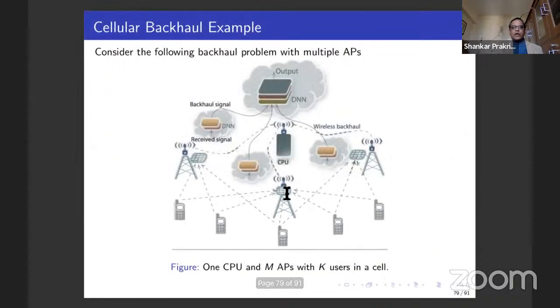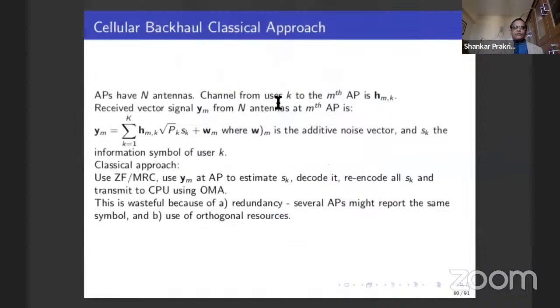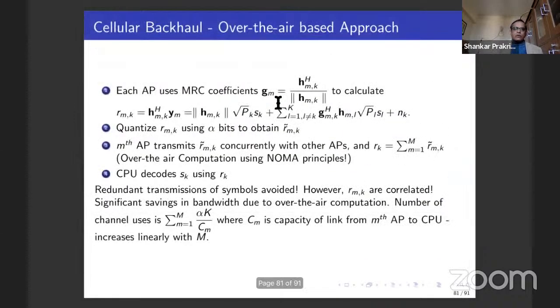So you have one DNN with a certain function here, then you have a weighted combination here, you have one more DNN at the CPU, and you fine tune all of these in order to detect the symbols directly. This is the basic idea.